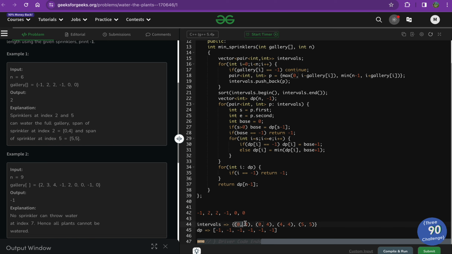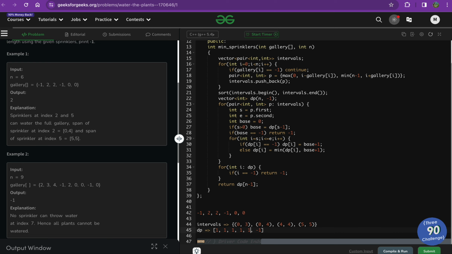If we go from 0 to 3, this is the first interval, we can populate this with 1. From 0 to 3, 1 sprinkler is used. From 0 to 4, we can use just 1 sprinkler.